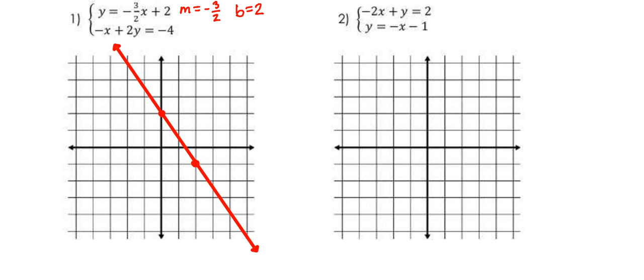Okay. So now I'm going to move on to the second one. Second equation, negative x plus 2y equals negative 4. This is in xy intercept form, meaning we need x and y. So I use that cover-up method that we learned. I'm going to first just look at negative x equals negative 4.